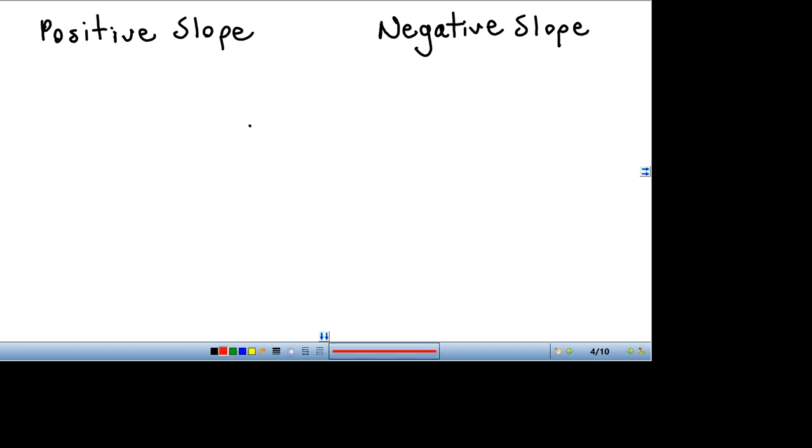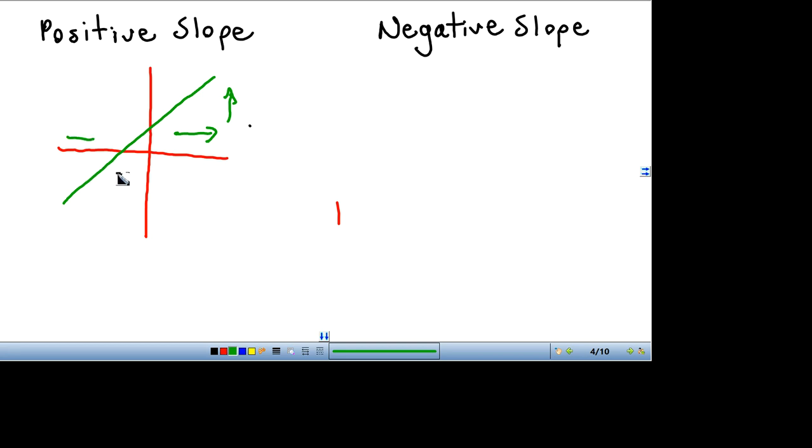So, next thing I want to talk about, just really quick, what a positive slope looks like. Now, a positive slope is a line that looks like that. A positive slope, as you go farther to the right, it is going to go up. Or, if you go farther to the left, it is going to go down.